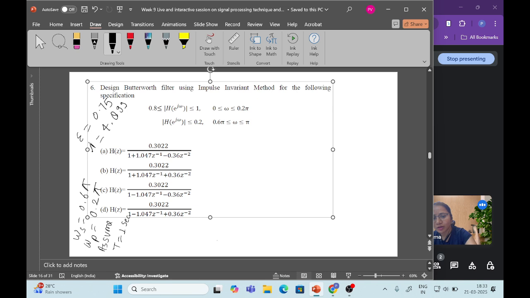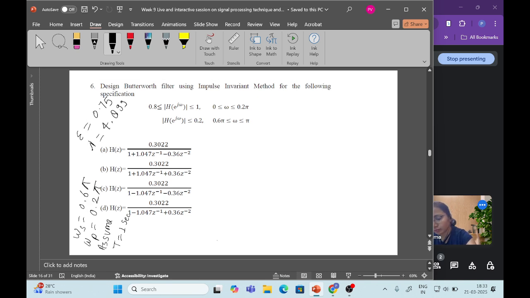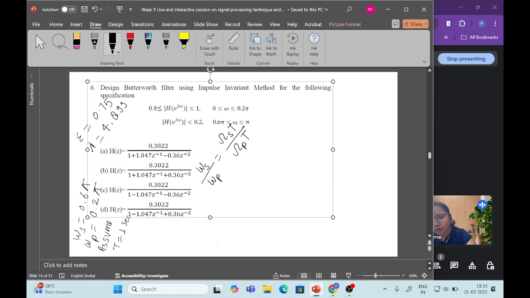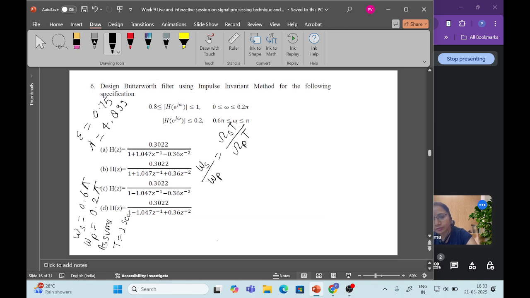How can we calculate it? Already we know that omega s divided by omega p is equal to omega s times T divided by omega p times T, so T cancels and it is the same. So omega s divided by omega p is equal to 0.6 pi divided by 0.2 pi. From here you will get 3.